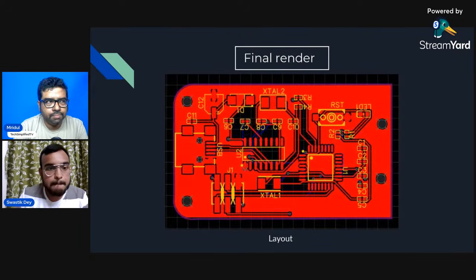We can see that there are different labelings present over here. We have the USB labeling connected over here, then some capacitors. We have U2 as the CH340G chip. Then we have J1 over here that acts as the ICSP pin headers.